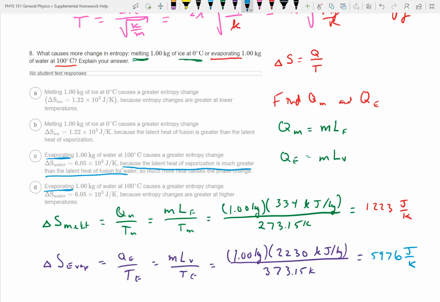It depends on how much heat you have, whether it's a bigger or smaller entropy change. It was about the latent heat of vaporization. So that means this had to be the right answer. Any questions?